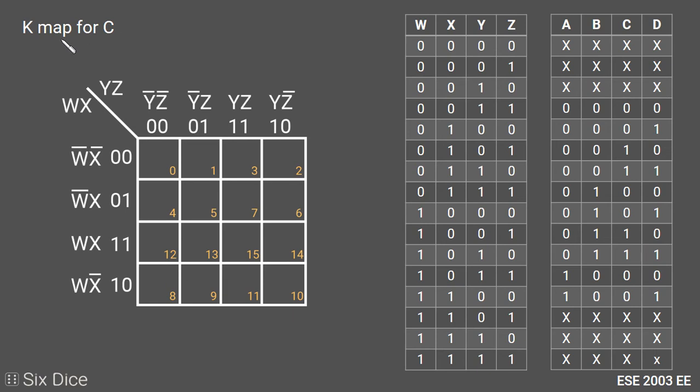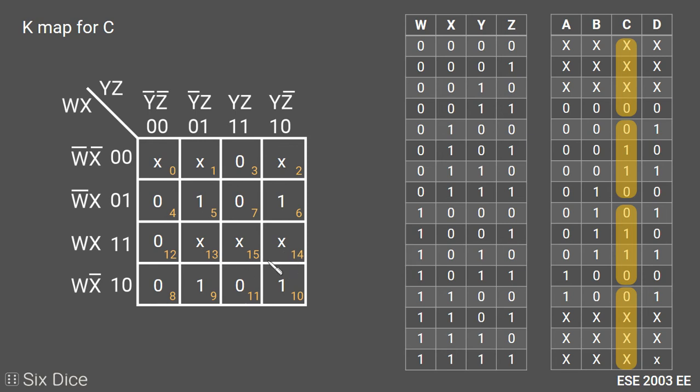Now we will make a K-map for C. The first 4 values are don't care, don't care, don't care and 0. The next 4 values are 0, 1, 1, 0. The next 4 values are again 0, 1, 1, 0. The last 4 values are 0, don't care, don't care.